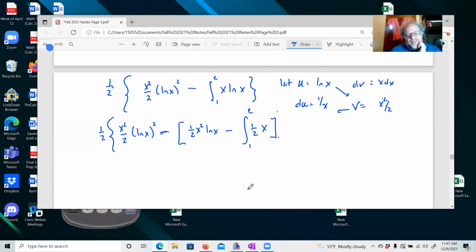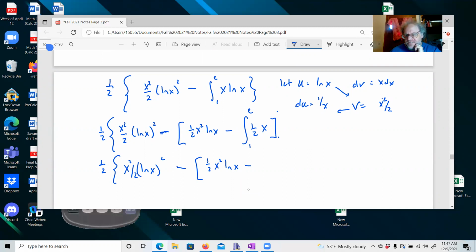So let's see here. We have 1/2 x squared over 2 ln x squared, minus 1/2 x squared ln x, minus we have to integrate 1/2 x.